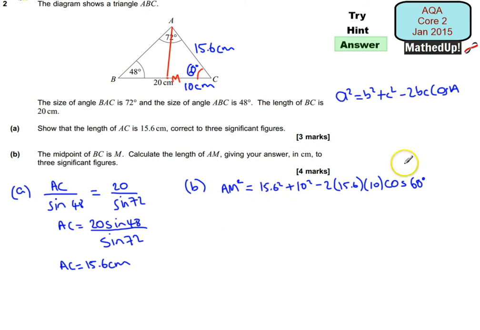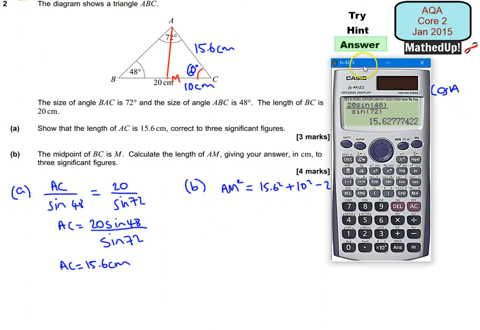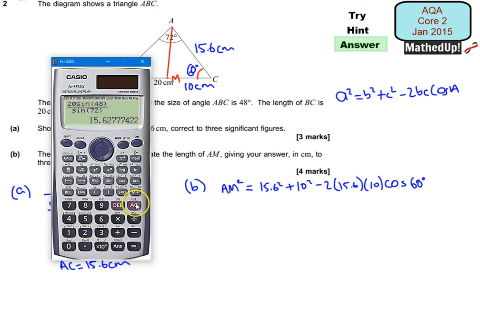So I'm going to use the 15.6 that's already stored in my calculator there. Okay, so I'll just plug all of this in: 15.6 squared plus 10 squared, take away 2 times 15.6 times 10 times the cosine of 60 degrees.